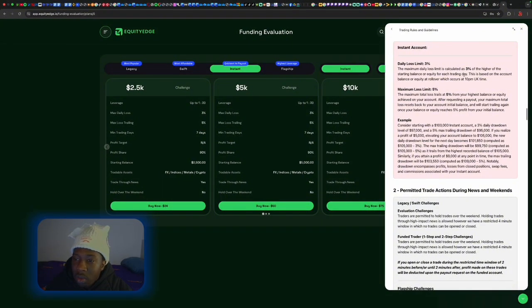They say the maximum daily loss limit is calculated as 3% of the higher of the starting balance or equity for each trading day. This is based on the account balance or equity at rollover, which occurs at 10 p.m. UK time. So for you to be able to trade, you don't need to go into a loss of 150.